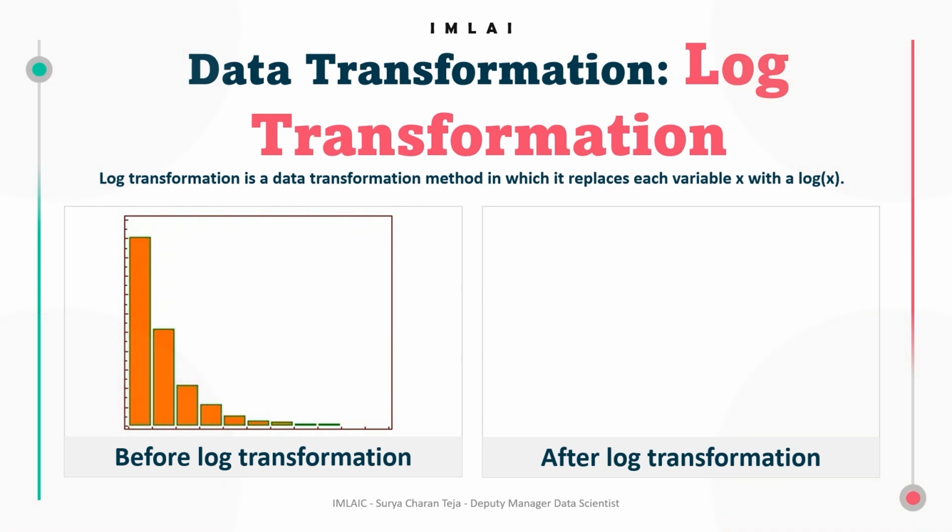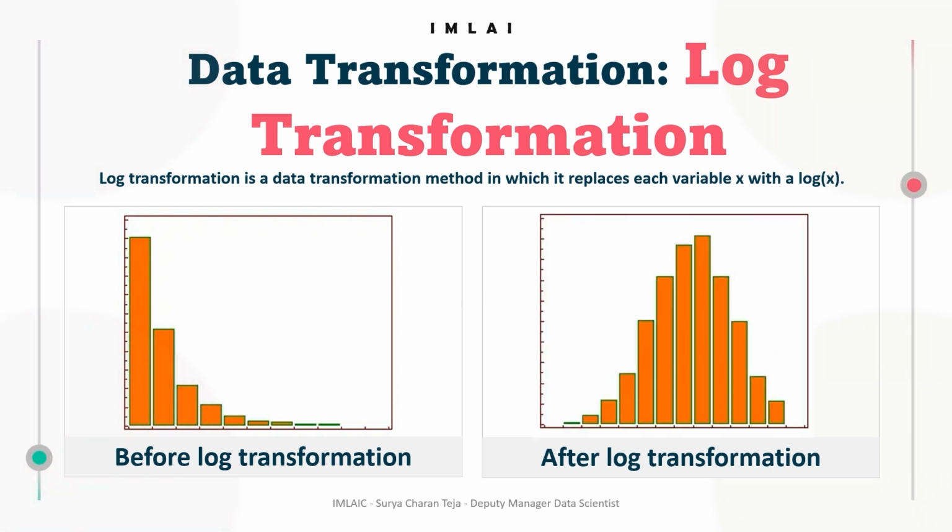Now, when our original continuous data do not follow the bell curve, we can log transform this data to make it as normal as possible so that the statistical analysis results from the data become more valid. In other words, the log transformation reduces or removes the skewness of our original data.